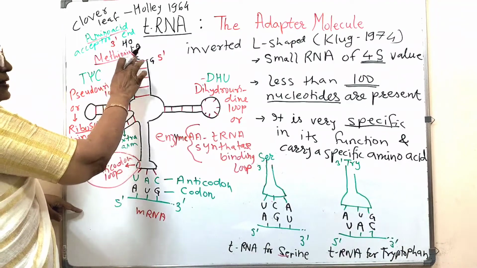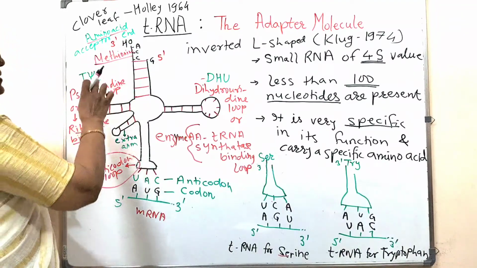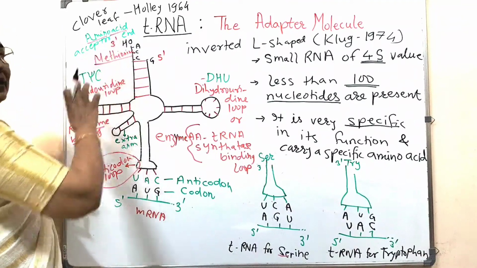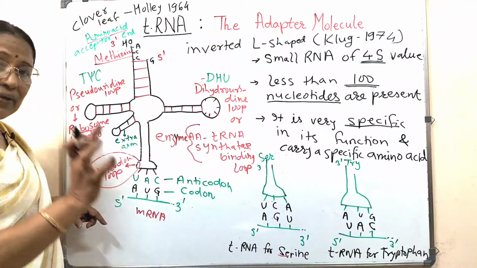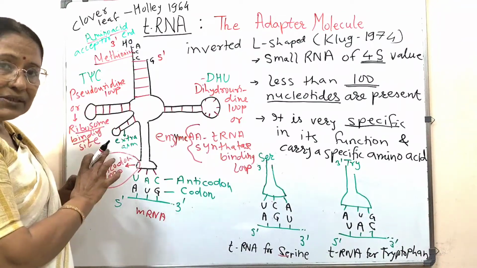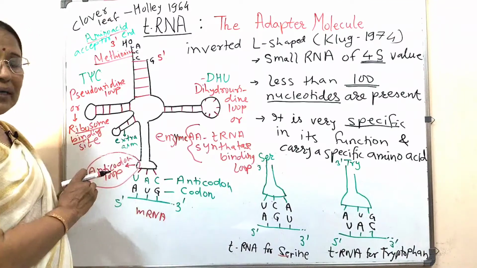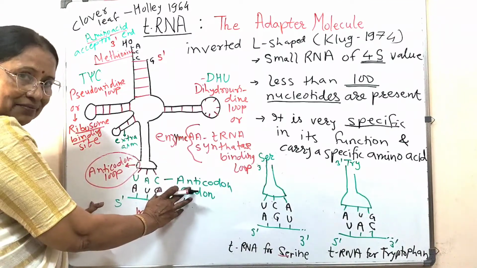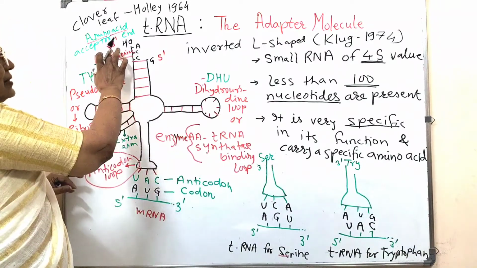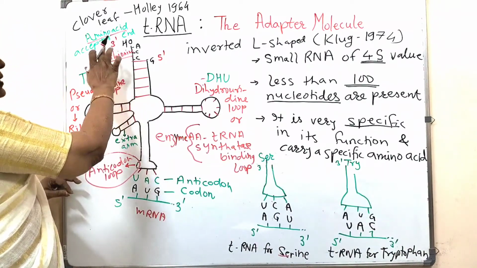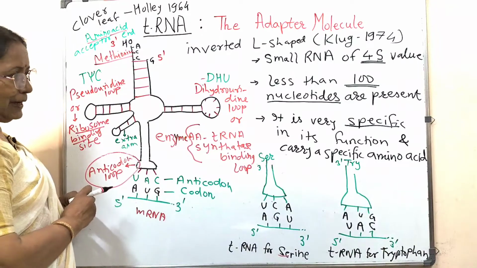This CCA end is the amino acid acceptor end. Here the specific amino acid gets attached when the tRNA reads the codon on mRNA.